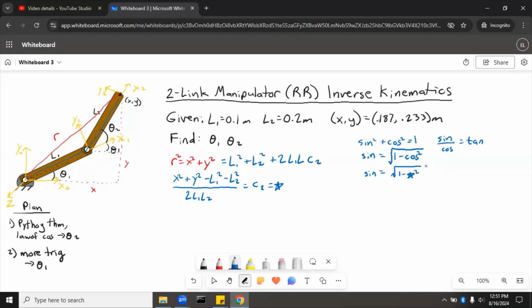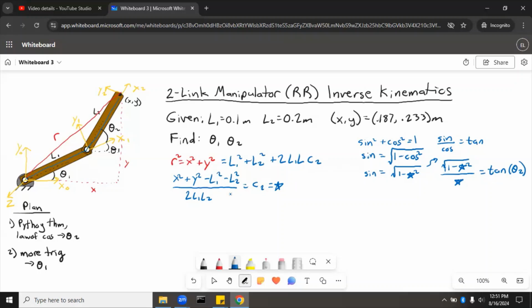Plugging both in, the square root of 1 minus star squared over star equals tangent theta 2. So we can do inverse tangent of that and solve for theta 2.